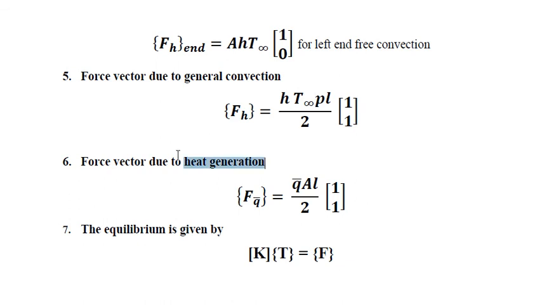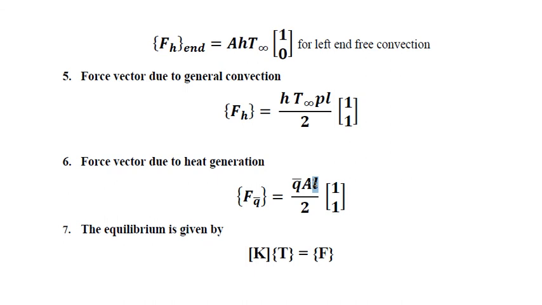Now there is one more force vector, which is due to internal heat generation. If there is internal heat generated, we write one more force vector. Q bar is the internal heat generated, and the force vector for it is given by the internally generated heat into cross-sectional area into length.